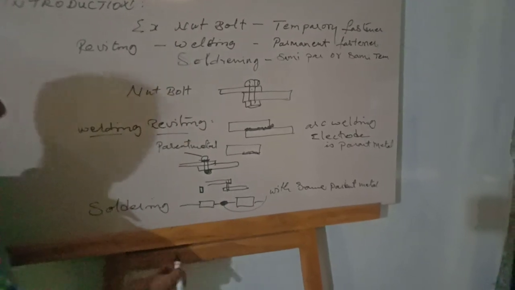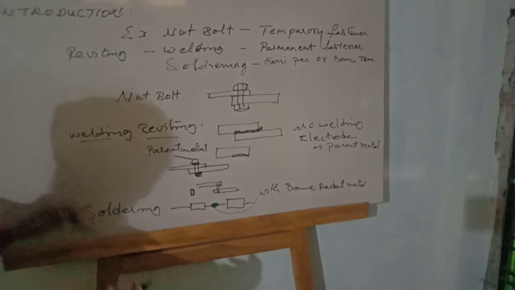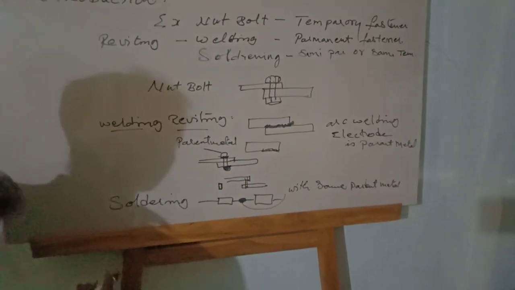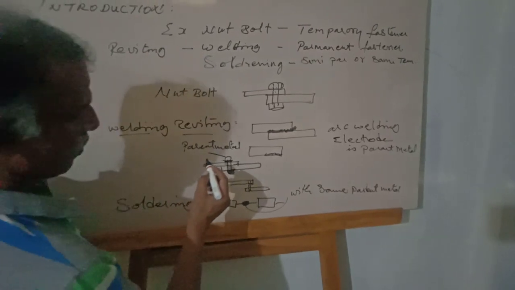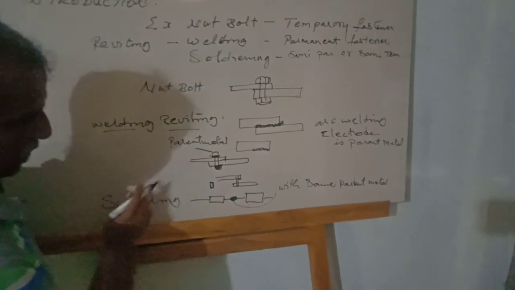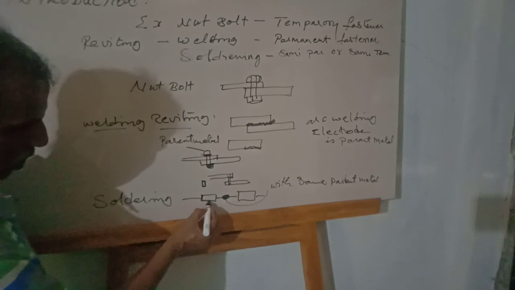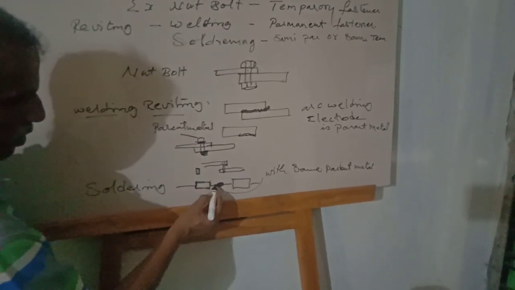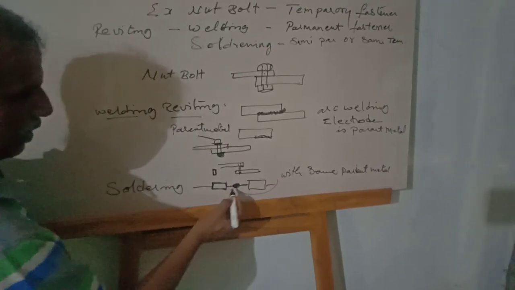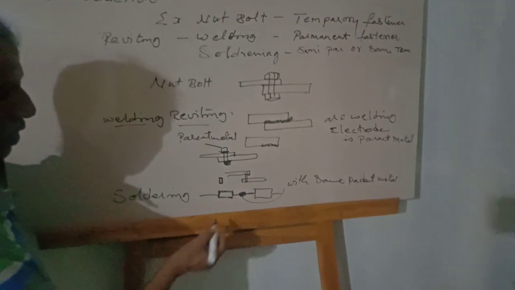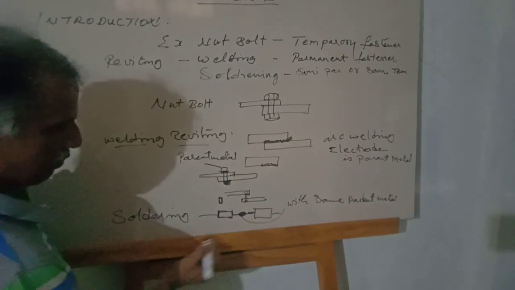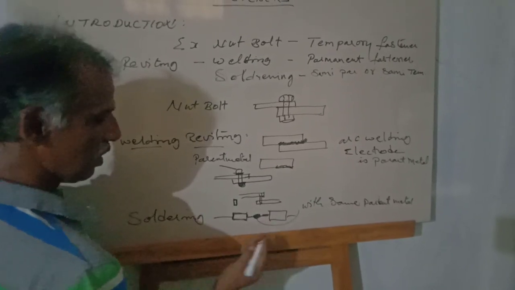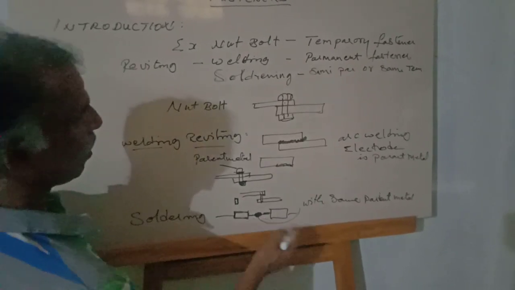But if you compare these two fastening devices, welding has more strength, more rigidity, and no leakages. Whereas in soldering, due to the lesser heat, the joint will get weakened and split into two pieces. Sometimes the continuity of passing electrons will be obstructed. It will not pass continually.